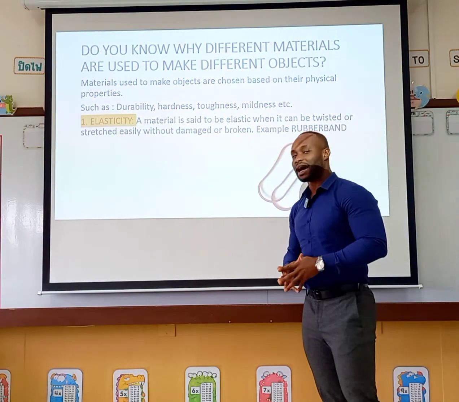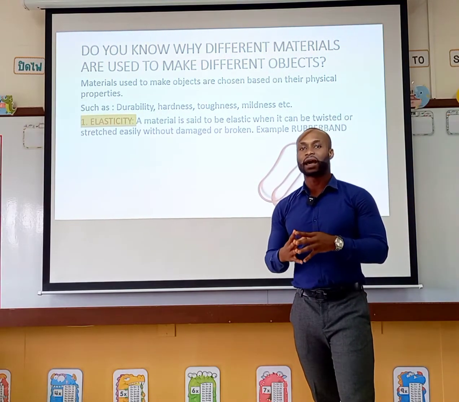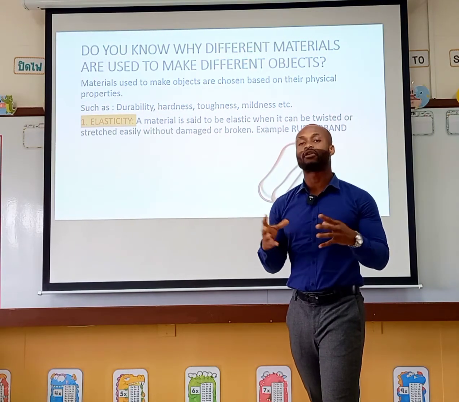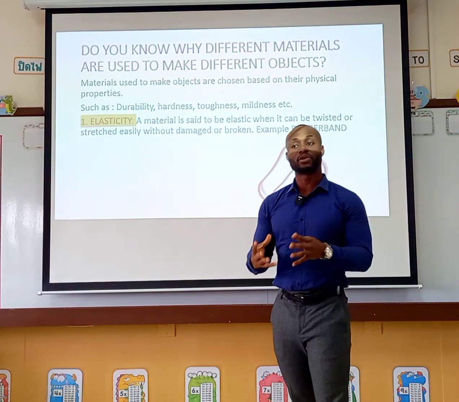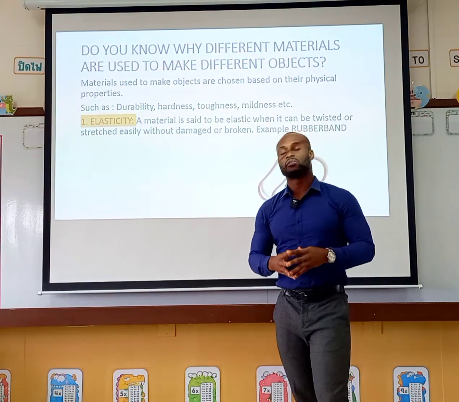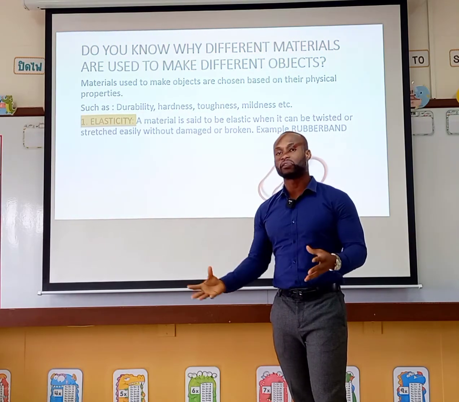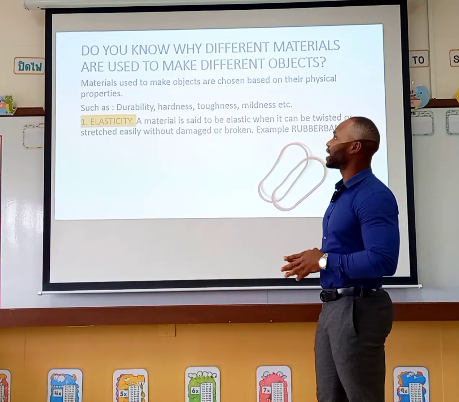Now, do you know why different materials are used to make different objects? It's because different materials can stay for a very long time. For example, like I mentioned before, wood. Why do people use wood to make a table? Of course, it's hard, and a table or chair can stay for a very long time.